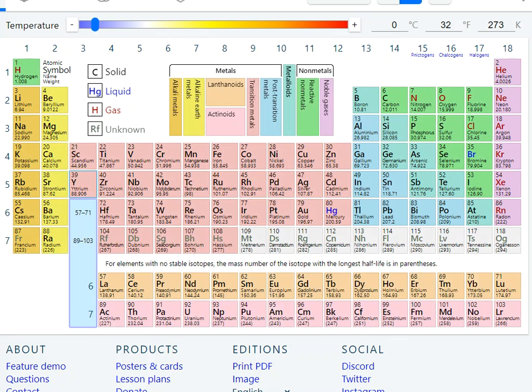Okay, so where are those? Calcium is right here. Number 20, calcium. Strontium, look at that, there's number 38, right on top of each other. And barium, look at this one, 56. Again, right on top of each other.